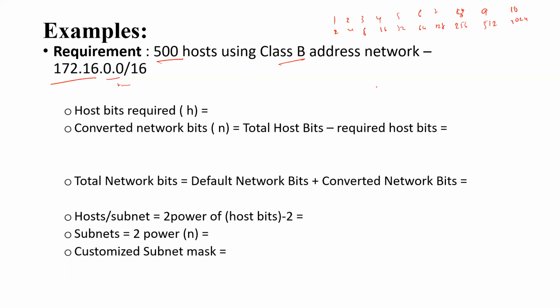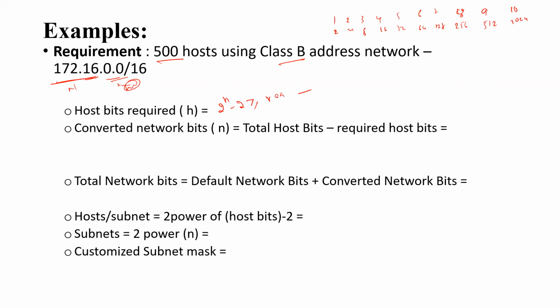So what's the requirement? 500 hosts. Just keep in mind for class B, the first 16 bits are network and the last 16 bits are host. For the host bits, what is the formula? 2 power h minus 2 greater than or equal to our requirement.